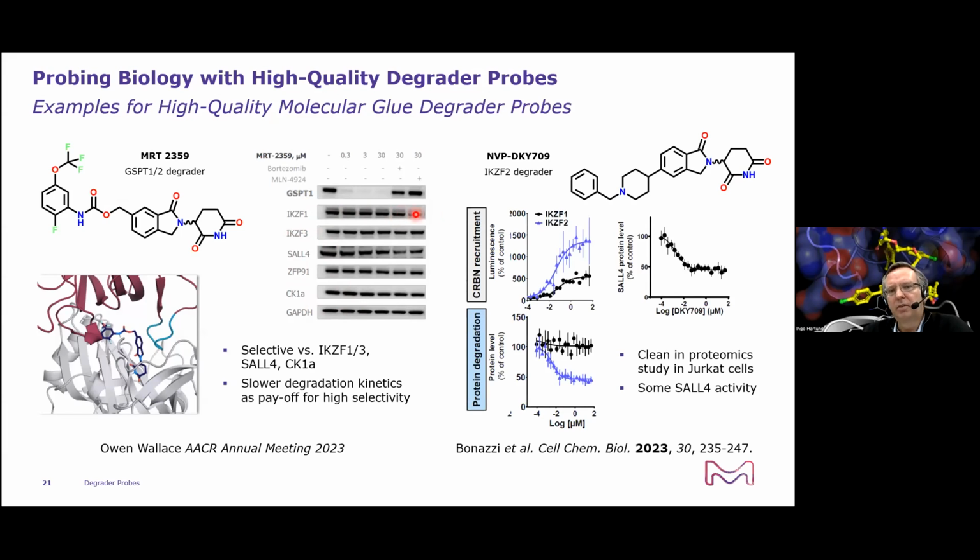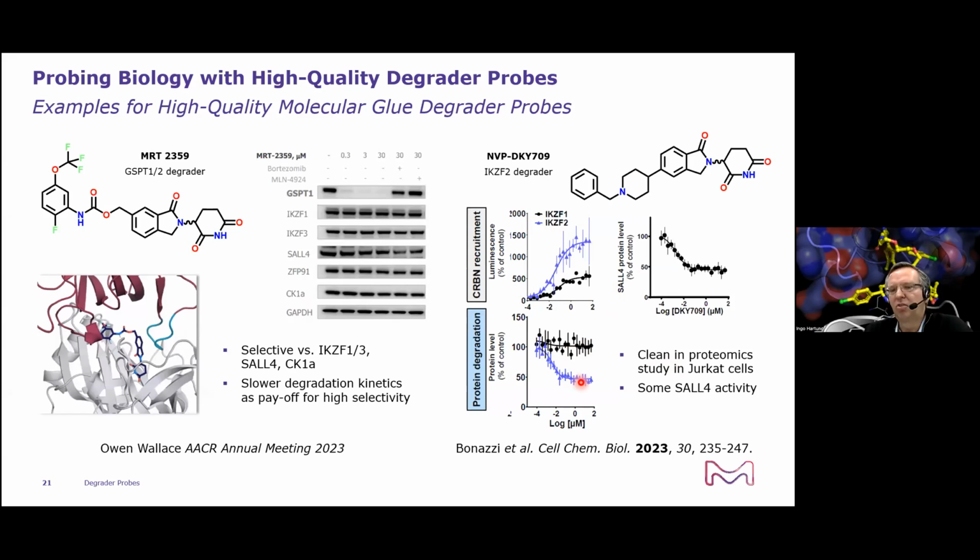If you look at Novartis' Helios degrader, IKZF2, they provided such data. They also provided cereblon recruitment data showing the selectivity for IKZF2 being already apparent in the formation of the ternary complex, but there is some ternary complex formation also for IKZF1. It doesn't translate into degradation.